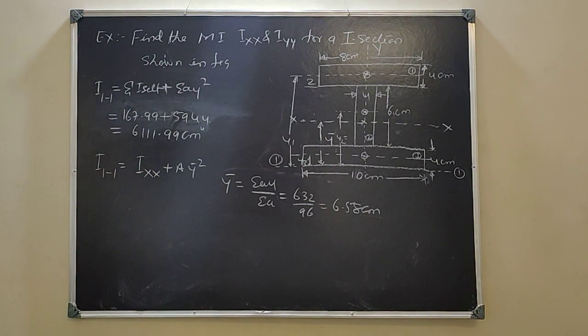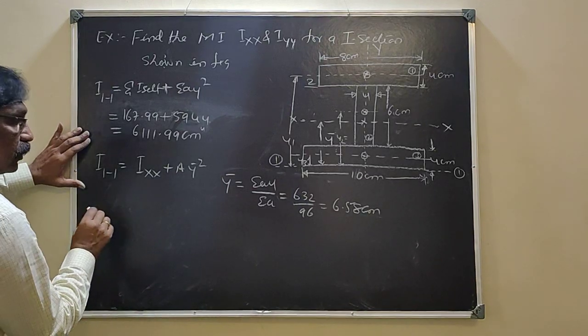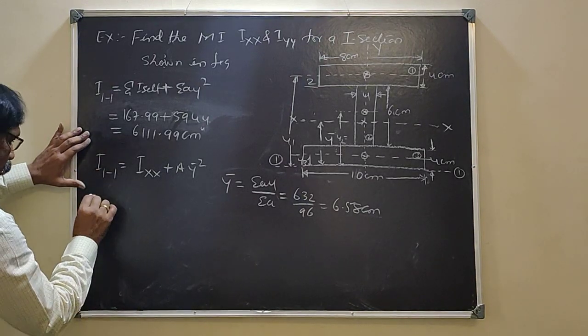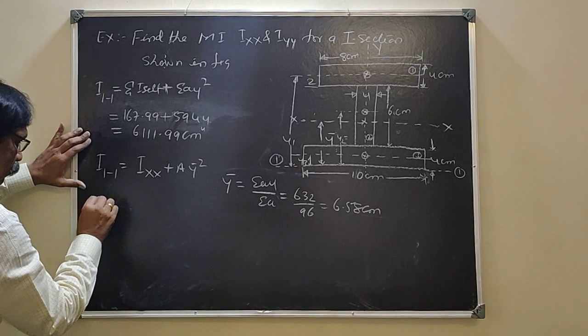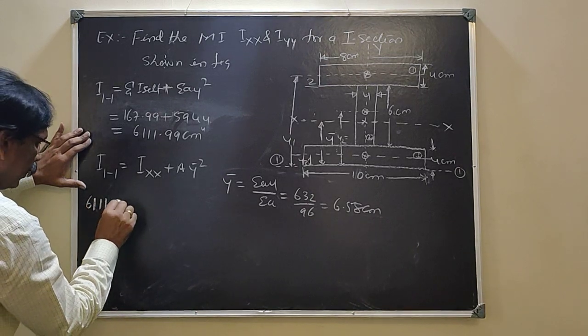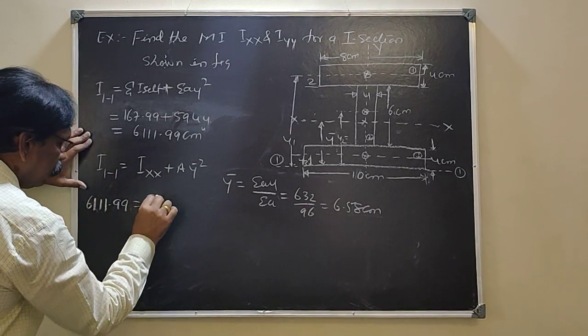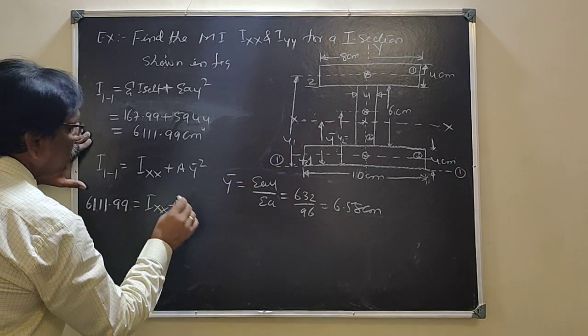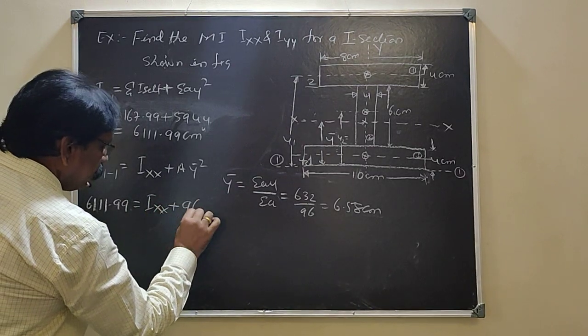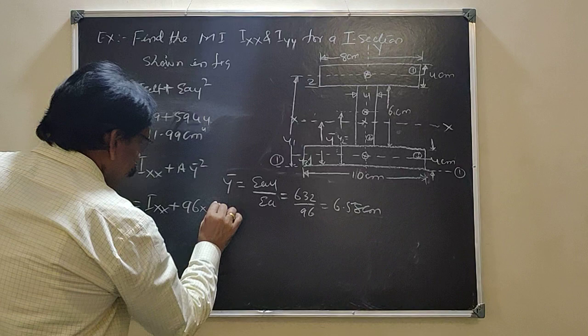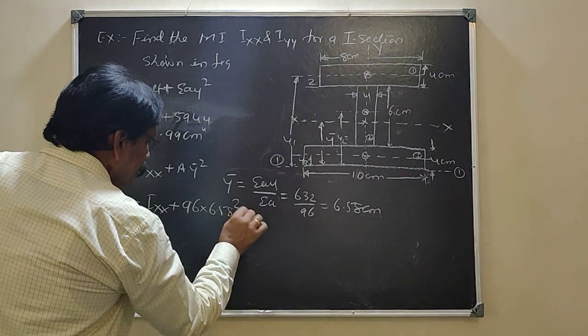So now substituting, we already know that 6111.99 is equal to Ixx plus area 96 into y bar square, 6.58 square.